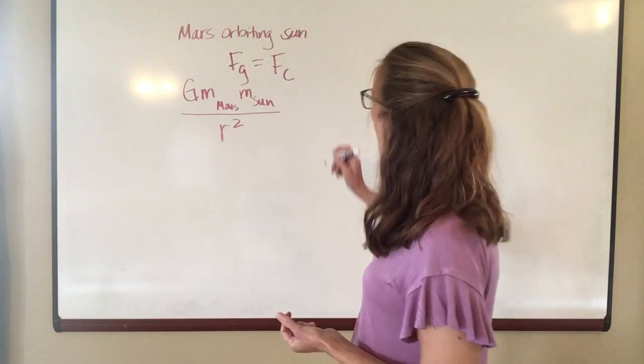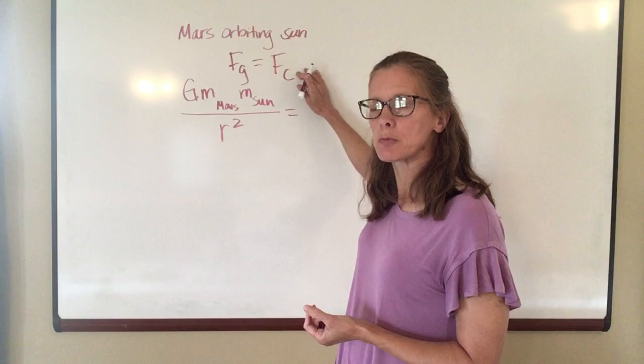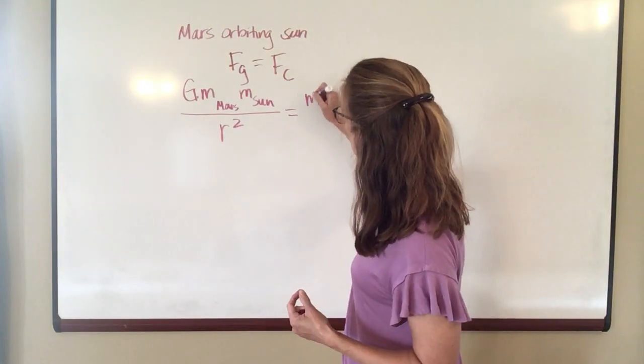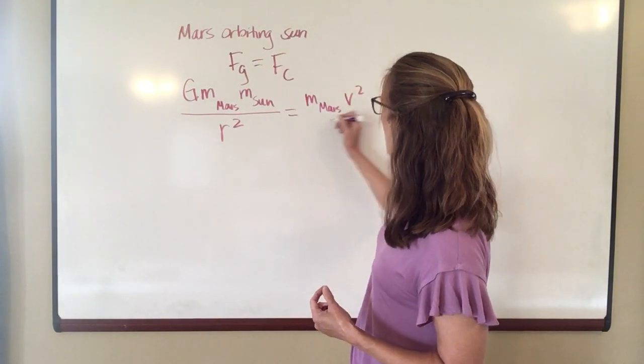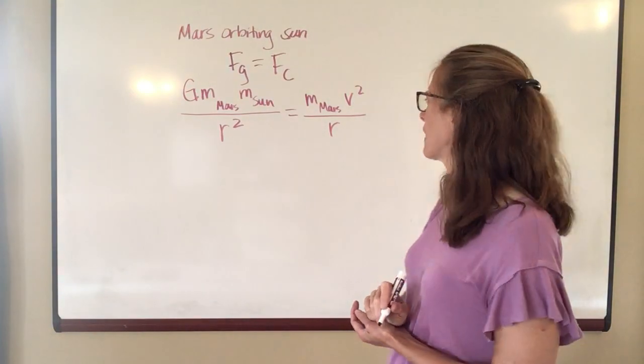I also know that centripetal force, when I'm looking at the object that is in circular motion, is going to be the mass of Mars times its velocity squared over its distance from the sun.